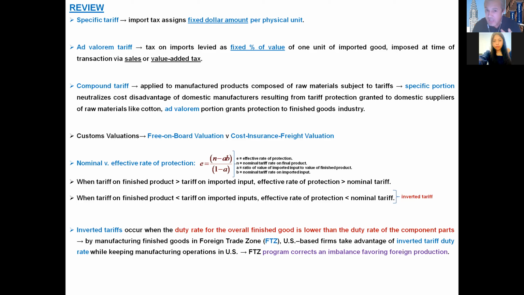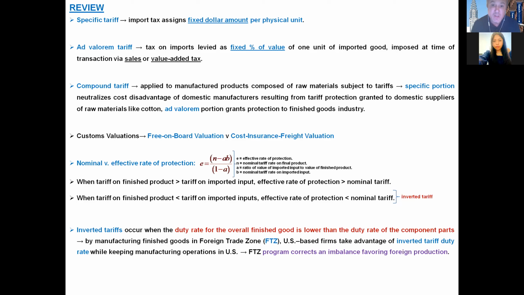In that same vein, we then talked about inverted tariffs, and one of the things that the U.S. has done to address or correct that imbalance is through foreign trade zones, where importers can bring in various component parts and assemble them into a finished good, all within a foreign trade zone, to undo the disadvantage of inverted tariffs.